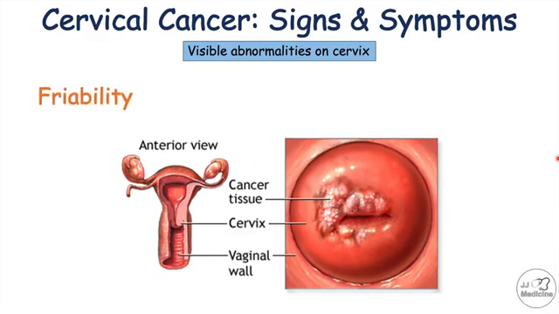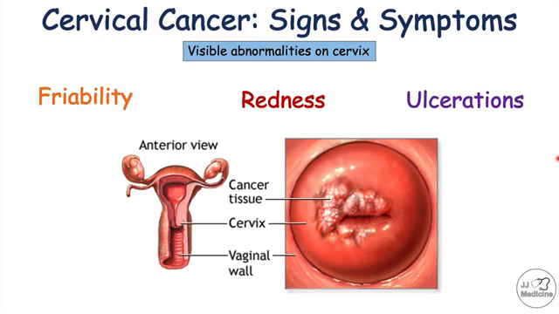So oftentimes what can be noted is that the cervix itself can be friable, can have redness, and there can be some ulcerations. So these are some key words or findings or descriptions of a cervix that has a cancerous growth or cancer tissue developing on it. So this would be something that a physician or a clinician may see when they're examining the cervix.